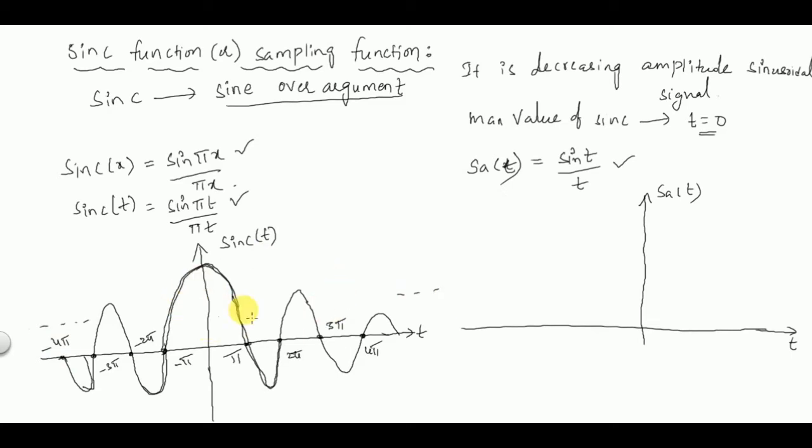So the sinc function is equal to 0 at t is equal to plus or minus n pi. At t is equal to pi its value is 0, at 2 pi value 0, at 3 pi value 0. Minus pi, minus 2 pi also, its value is going to be 0.